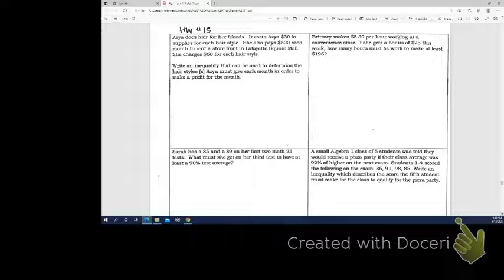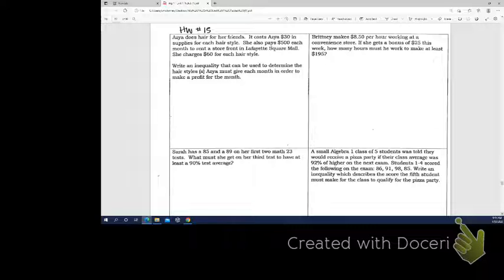And she's still only charging $60. So when she was doing that at home for her friends, she was making $30 each time. You know, she's chatting it up with her friends while she's doing hair. Seemed like some decent money. So she says, I'm going to try to make a business out of this. Now she's going to be paying rent in addition to that.